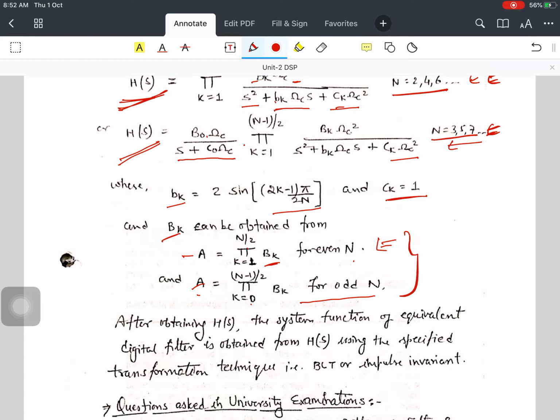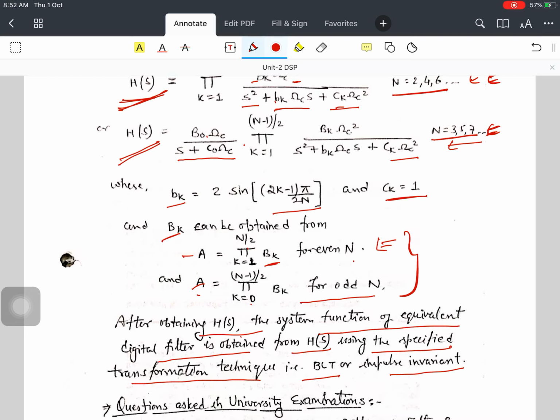After that you can calculate the Hz, or digital filter design for the Butterworth filter, with the help of the bilinear transform or impulse invariance transform, as per the mention in the question. So after obtaining Hs, the system function of the equivalent digital filter is obtained from Hs using the specified transform technique, that is bilinear transform or impulse invariant transform.